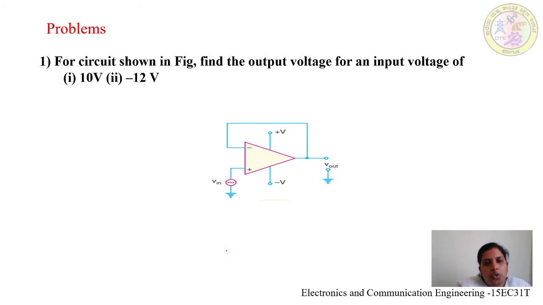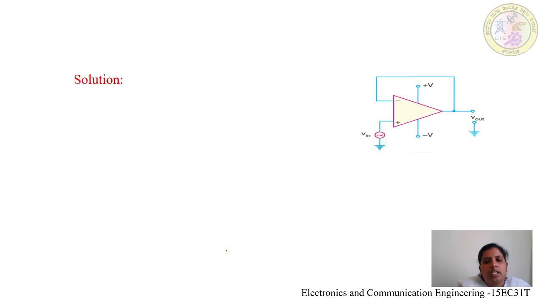Okay, so we will solve one problem. For the circuit shown in the figure, find the output voltage for an input voltage of, there are two cases. One is input is 10 volt and in second case the input is minus 12 volt. So the circuit is nothing but the voltage follower. The output voltage is nothing but the input voltage.